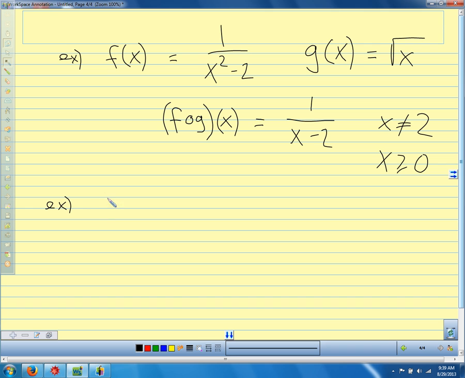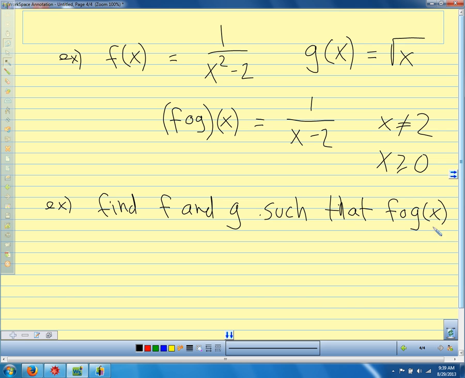So we want to find f and g such that f of g of x equals 1 over the square root of 3x plus 1.